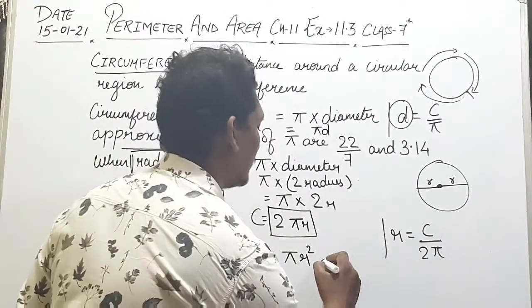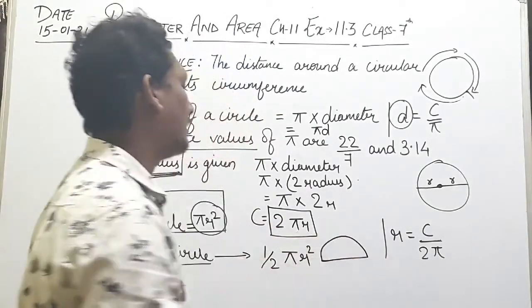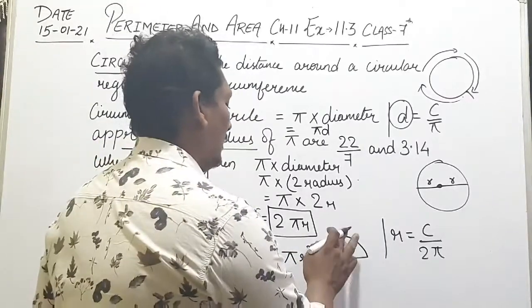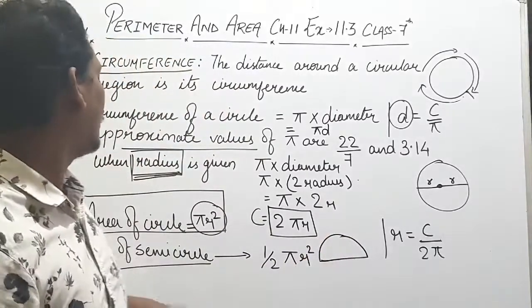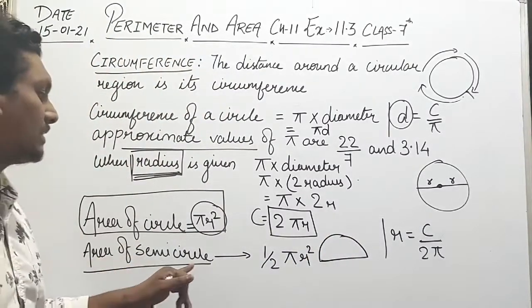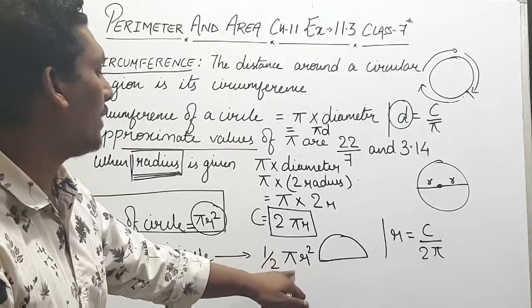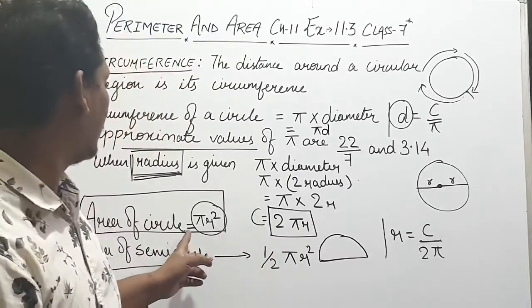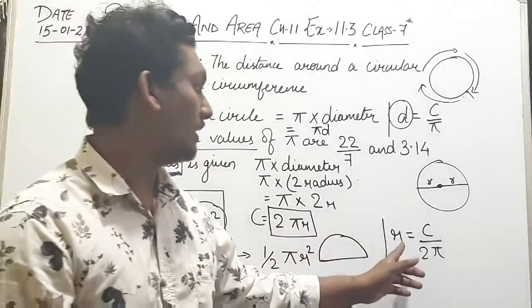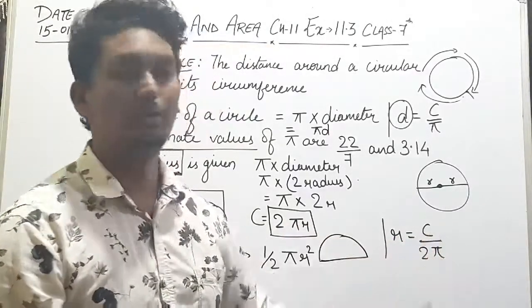Semicircle means this kind of shape, this is a semicircle. So for finding the area of a semicircle, the formula is half pi r square. And for finding the radius from the circumference, radius is equal to circumference upon 2 pi.